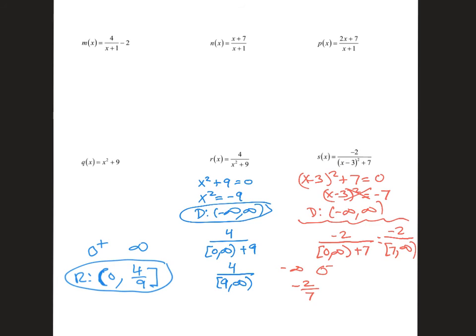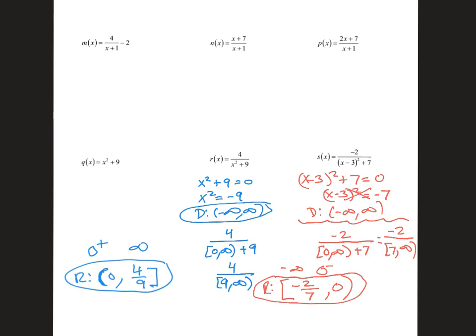In fact, the most negative it will go is -2 sevenths. Will it go towards 0 from the negative side? To do that, I need to divide my -2 by a huge positive, and I have that: infinity in the denominator. It's never going to hit 0, because the only way a fraction is 0 is if the numerator is 0. So that's my range in that case.